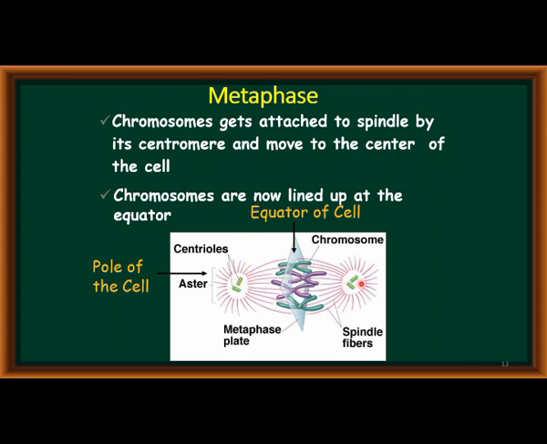These are the centrioles at the two poles. These are the radiating asters and these are the spindle fibers between the centrioles. At the equator of the cell, the chromosomes are lined up and a plate is formed which is called the metaphase plate.